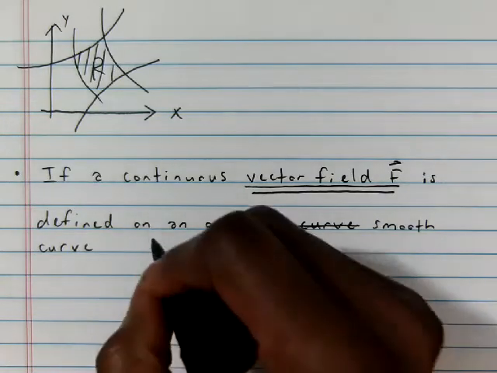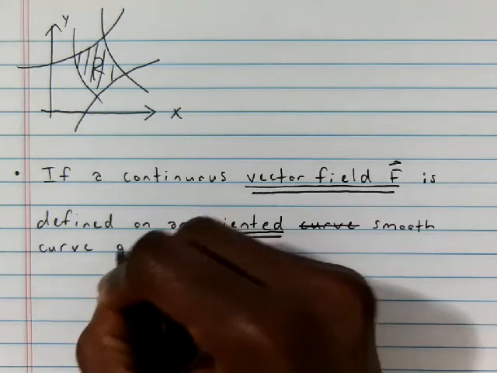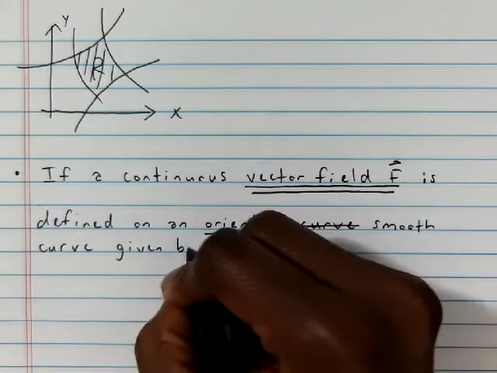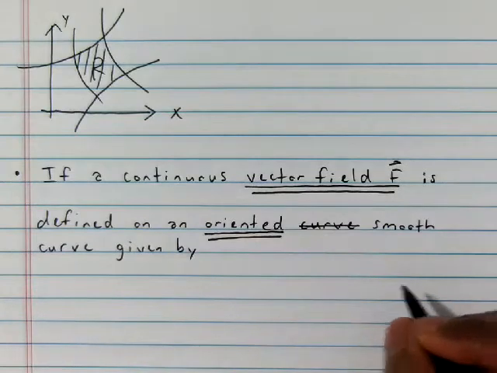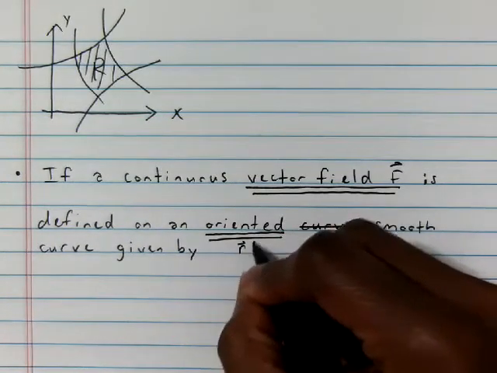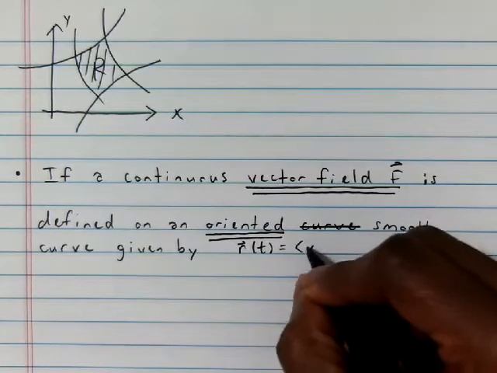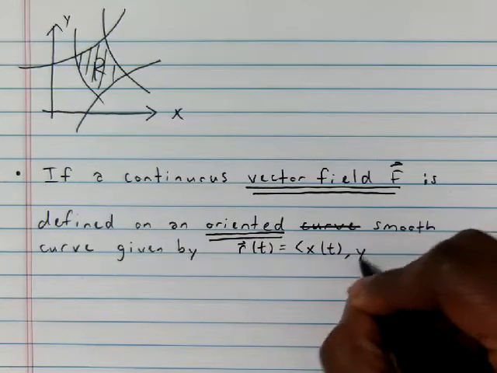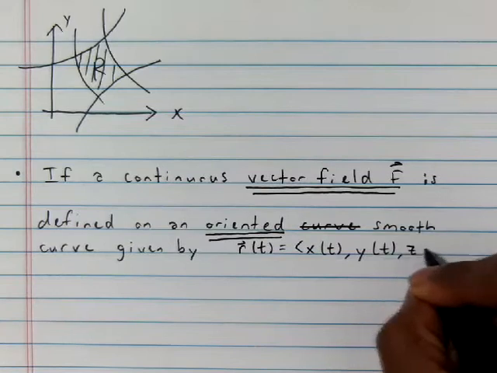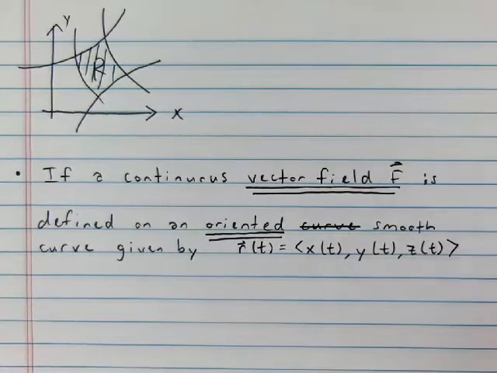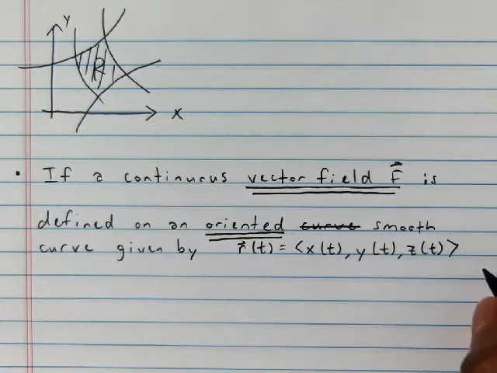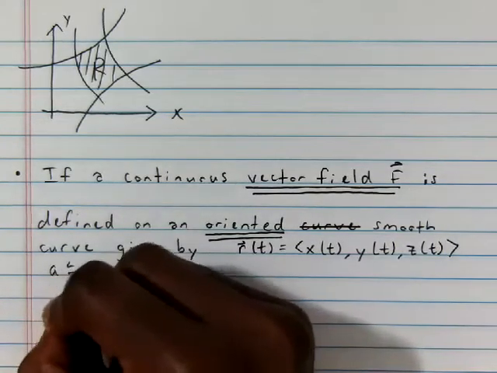Smooth curve given by r of t equals x of t, comma y of t, comma z of t, where t varies between a and b.